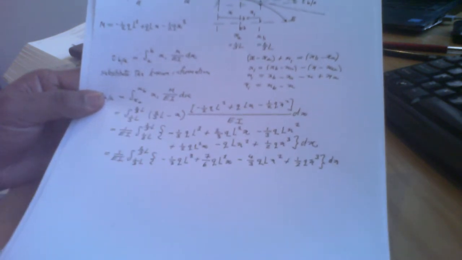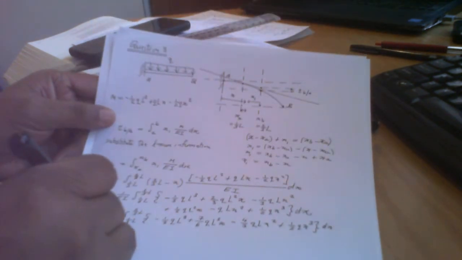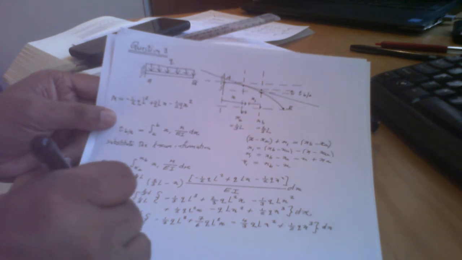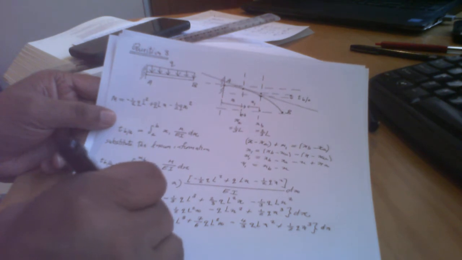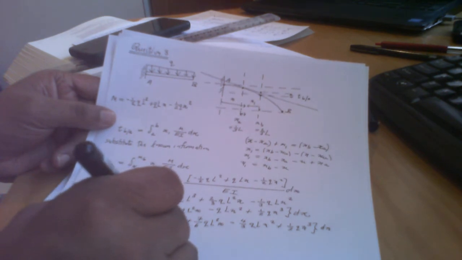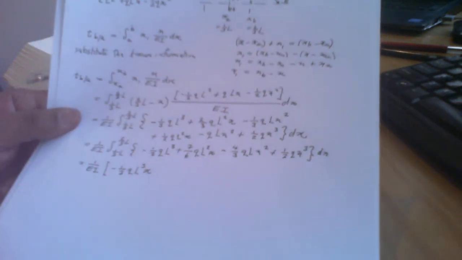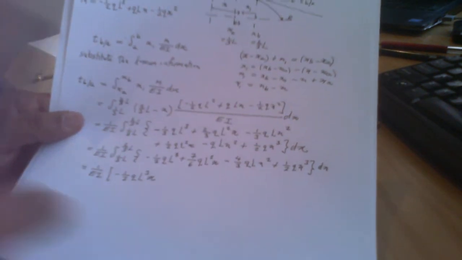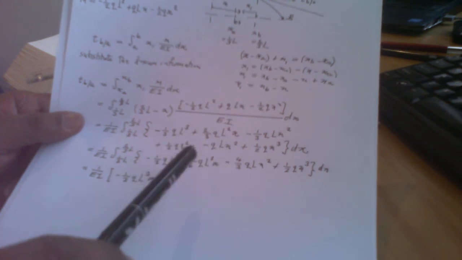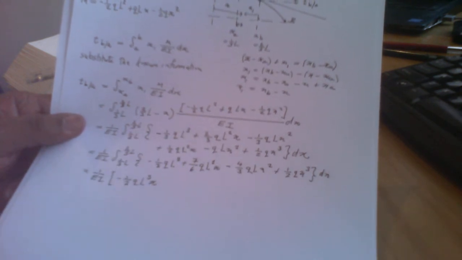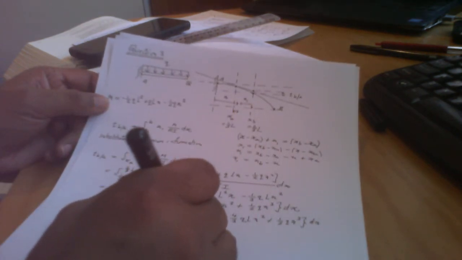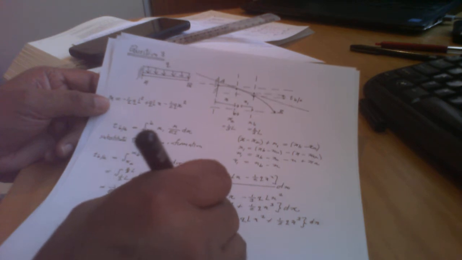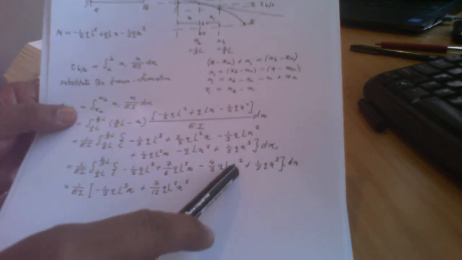We can just take the antiderivative. So that would be 1 over EI, open a square bracket, minus 1 over 3 QL cubed x, integrate 7 over 6 QL squared x, integral of x is x squared over 2, so that would be 7 over 12 QL squared x squared, minus 4/3 QLx squared.